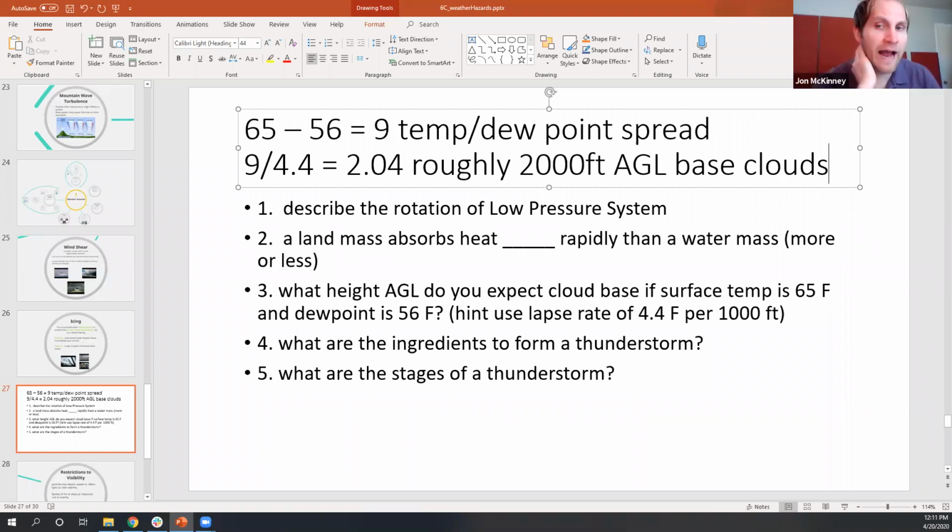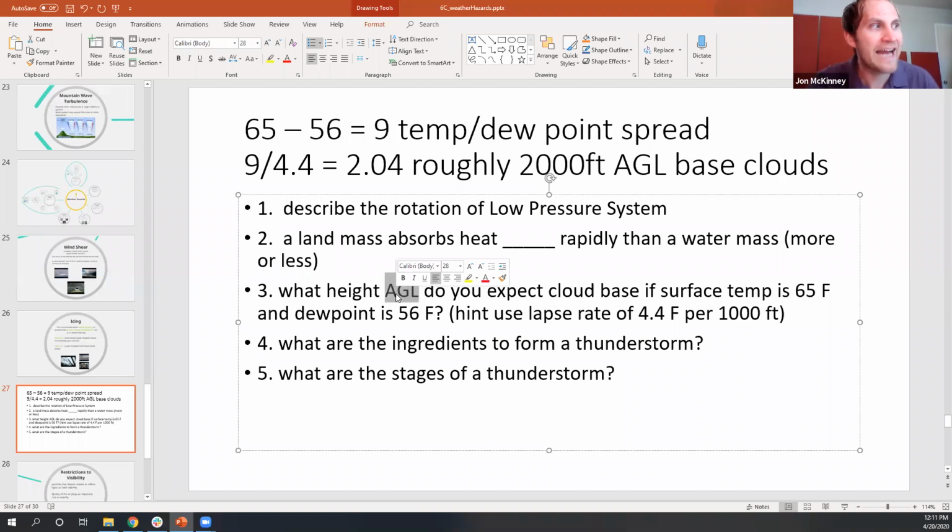I have a guess. You would have to actually find the real question so we can analyze the real question that's troubling you. But I have a guess. My guess is the words AGL versus the words MSL, above ground level versus mean sea level. So in my question today, it says what height AGL, above ground level.